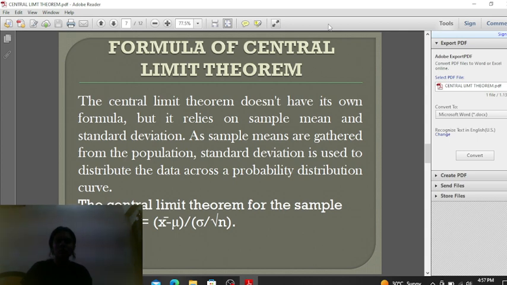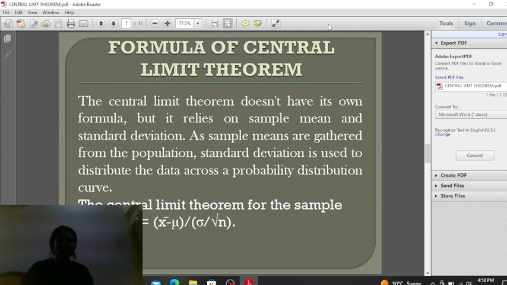And now we'll look at the formula of the central limit theorem. It does not have a particular formula of its own, but it relies on the sample mean and the standard deviation. As sample means are gathered from the population, the standard deviation is also used to distribute the data across the probability distribution curve.